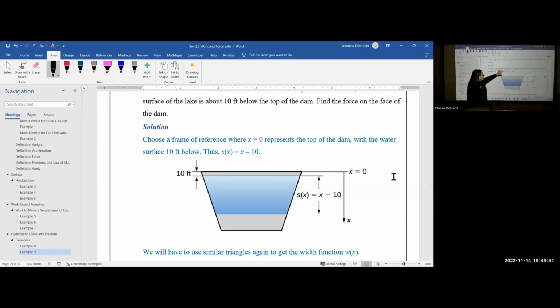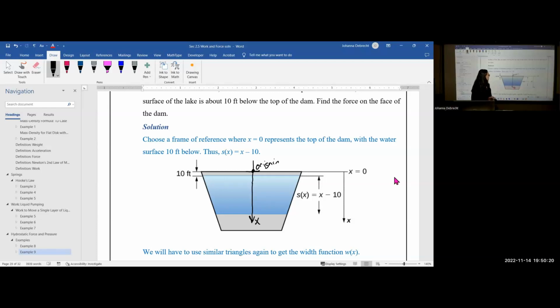So we're going to choose a frame of reference. This time, we are not going to choose X and S to be the same. Now, you could, but you don't have to. In this particular case, I chose the top of the dam to be X equals 0. So I'm putting my origin right here. All right, and this is my X-axis, which is going down.